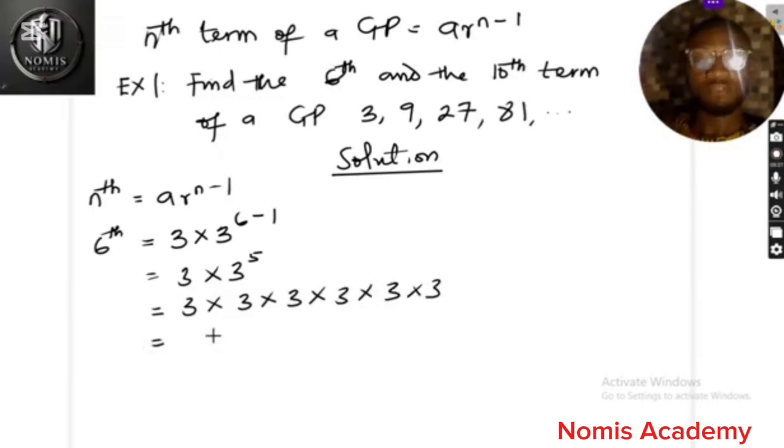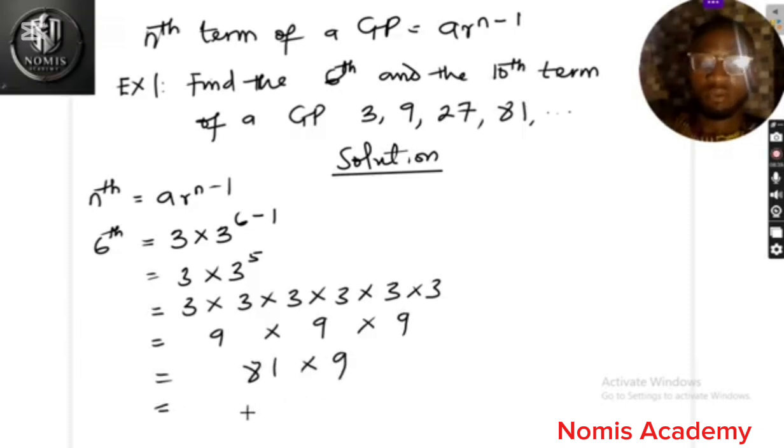To make it easy, I can make this 9, multiply by 9, multiply by 9. So I now have 81 multiplied by 9. So I'll have 729, right? Because 9 times 1 is 9, 9 times 8 is 72. So the sixth term of this GP is 729.